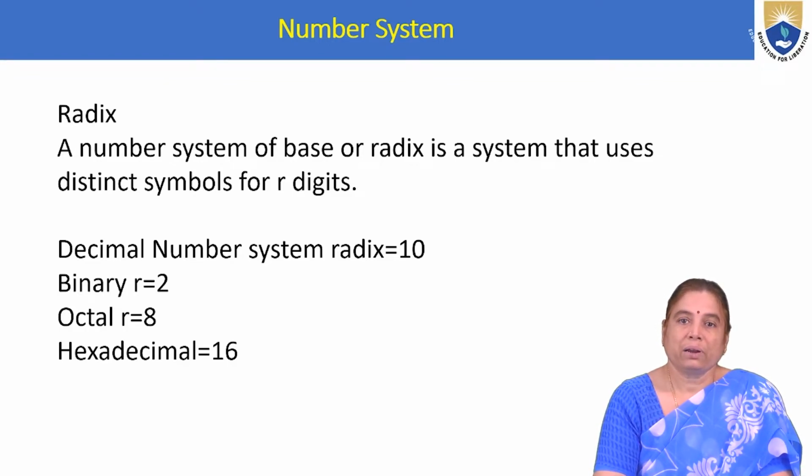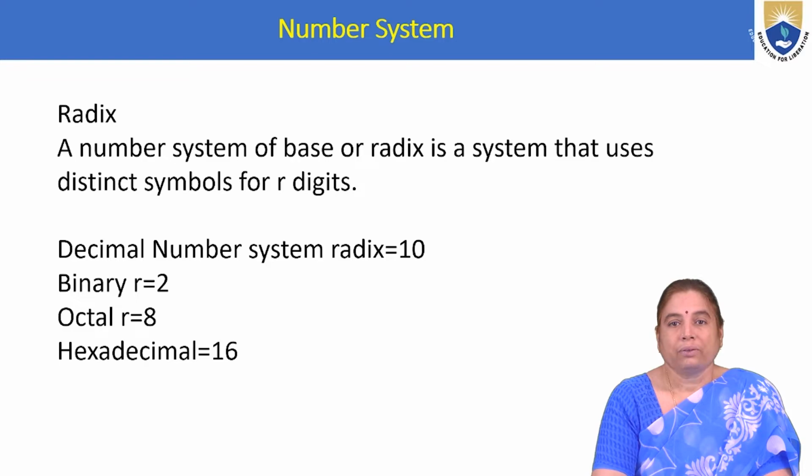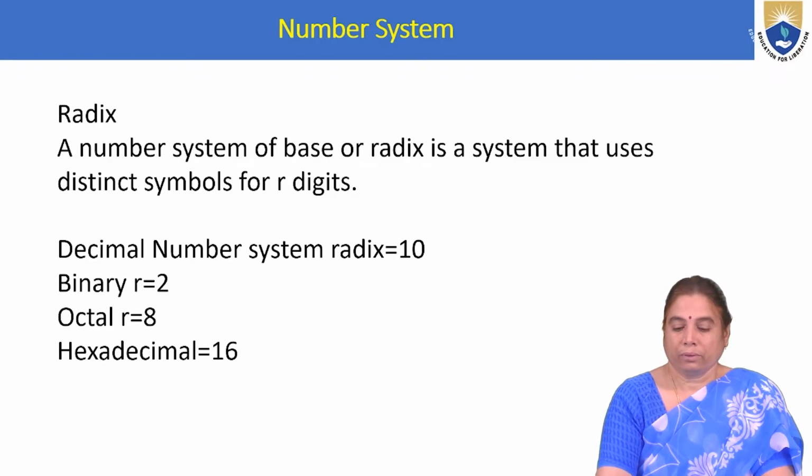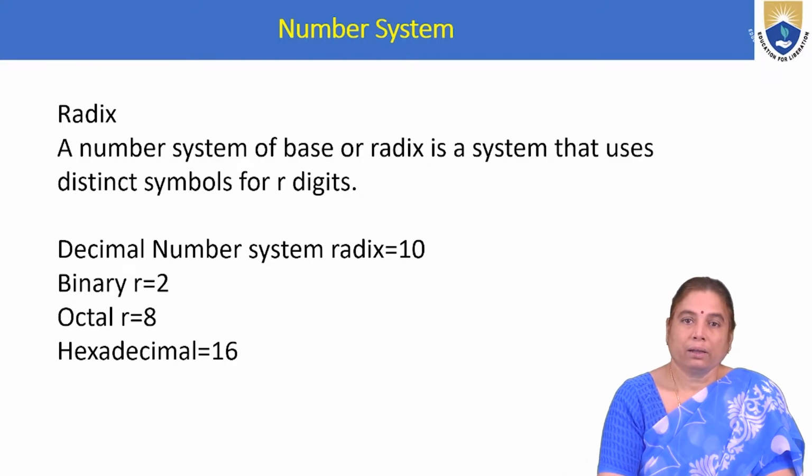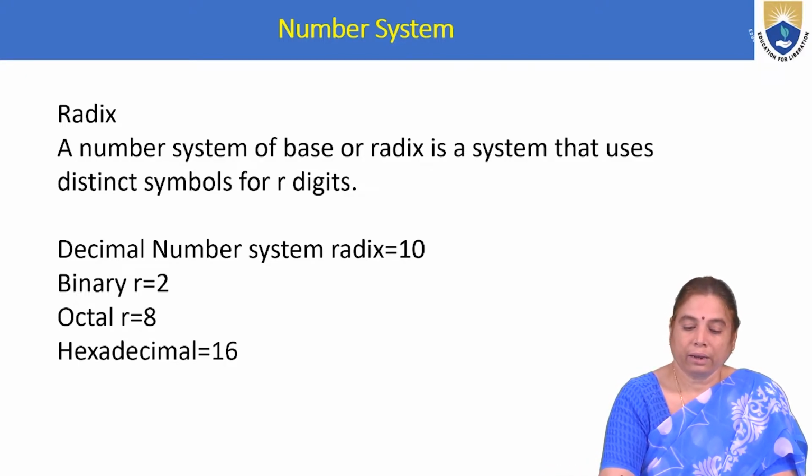For example, we generally use the decimal number system. We use the digits 0 to 9, so the total number of symbols is 10. So the base of the number system is 10.